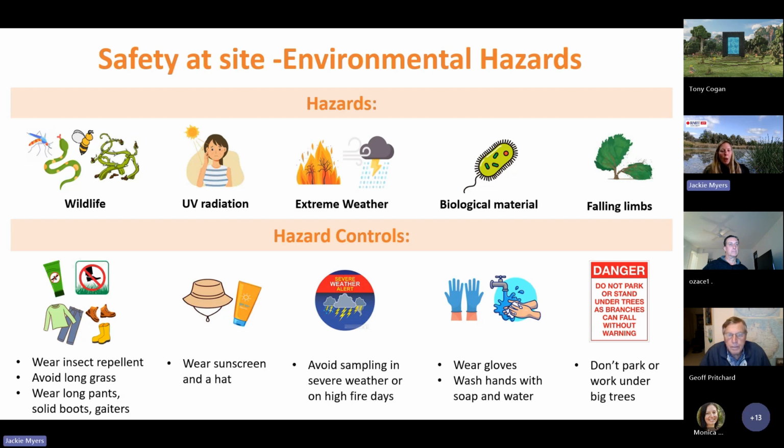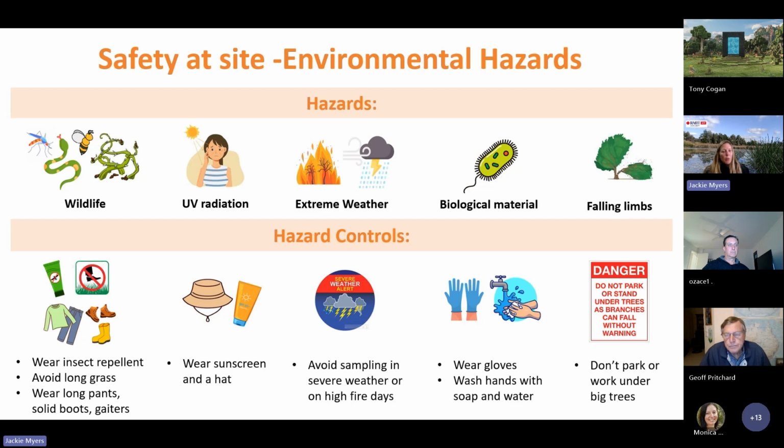Okay, so you'll be supplied gloves in the kits. Make sure you're wearing them. It protects against this, but also protects our samplers from contamination. At the end of sampling, washing your hands with soap and water or using hand sanitizer at least is really important to reduce any risk to yourself.